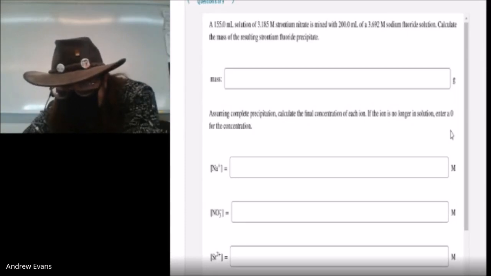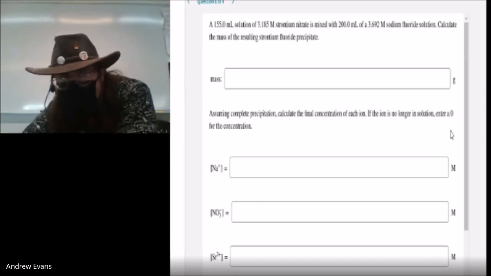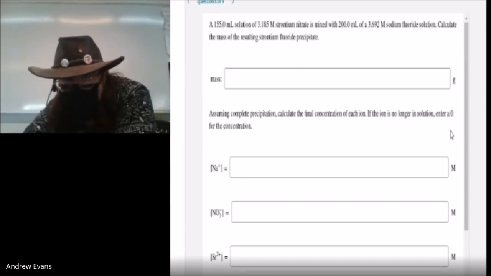And then they want us to calculate the concentrations of each ion. The limiting reagent ion will be 0. Everything else, the spectator ions, will just be diluted. The non-limiting reagent, non-spectator ion, has to be subtracted out, which is going to make that one a really big pain. But first things first, what is the chemical reaction?